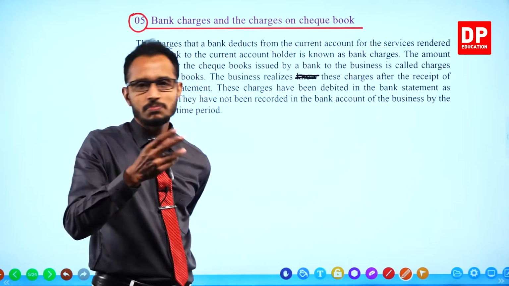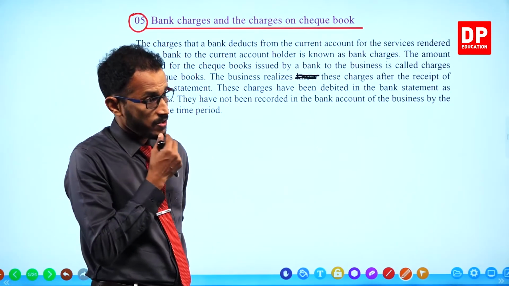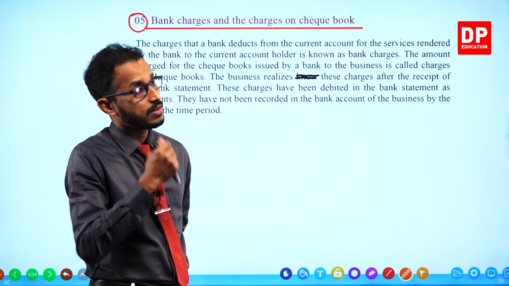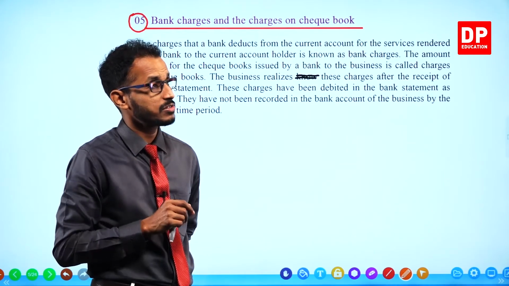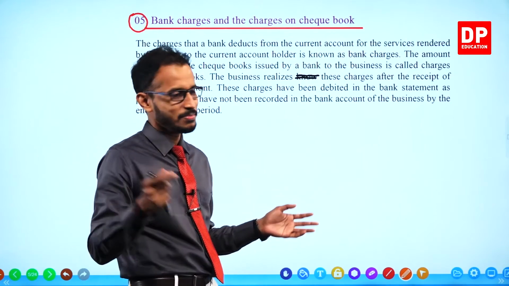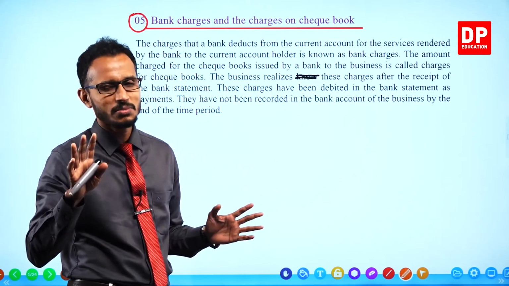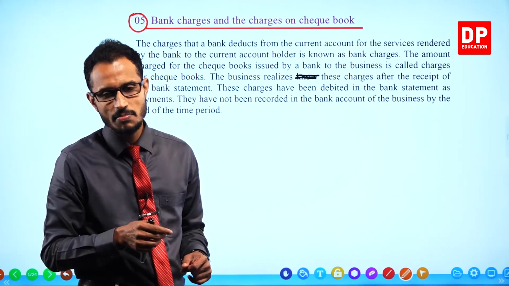And the businessmen are like, wow, very expensive to have a current account, huh? They deduct so much for so many things. Small scale businessmen especially are really worried about these bank charges.